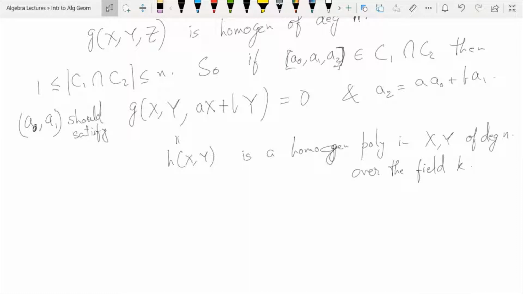Okay, so H(X, Y) factors. So maybe you dehomogenize it.